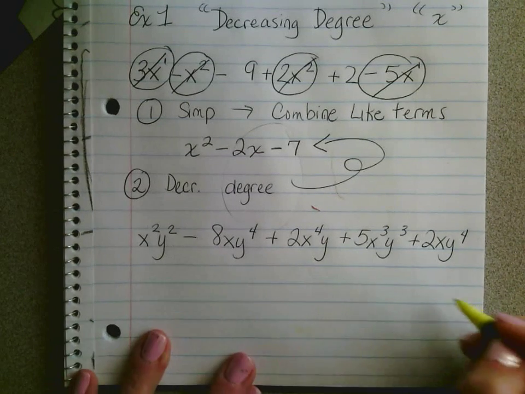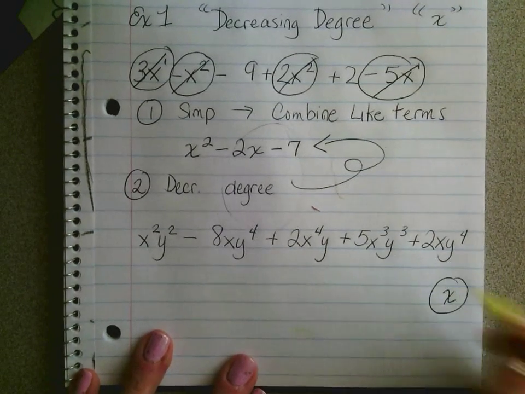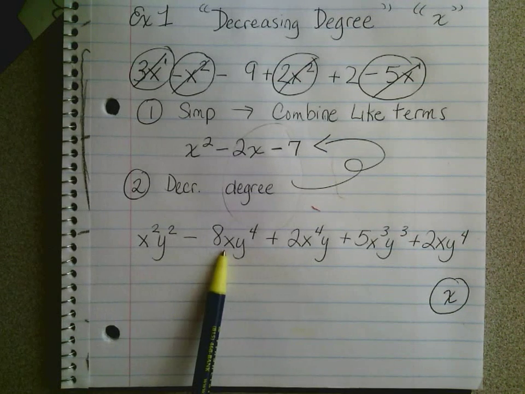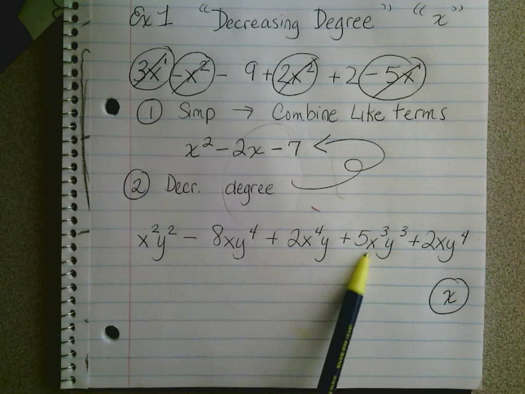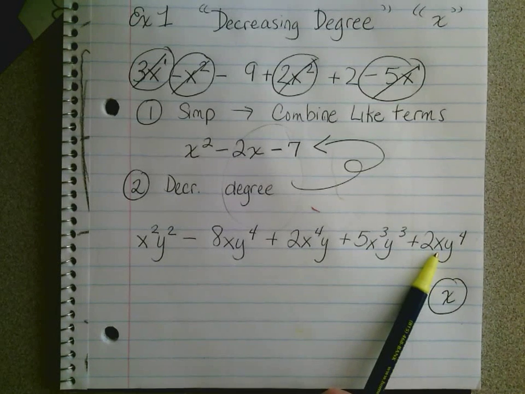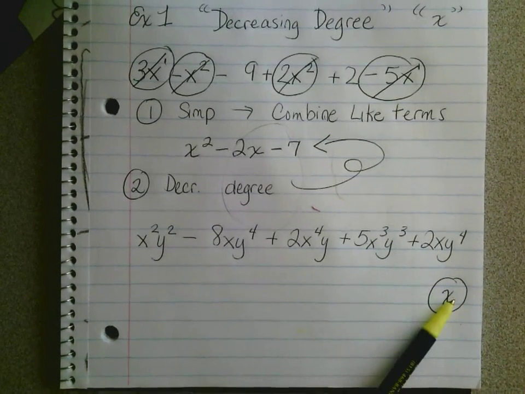So we're going to do decreasing degree of x, which means the first thing we want to combine is anything with a high x exponent. This is x squared, this is x to the first, x to the fourth, x cubed, and xy4. Of these, which one has the highest x exponent?